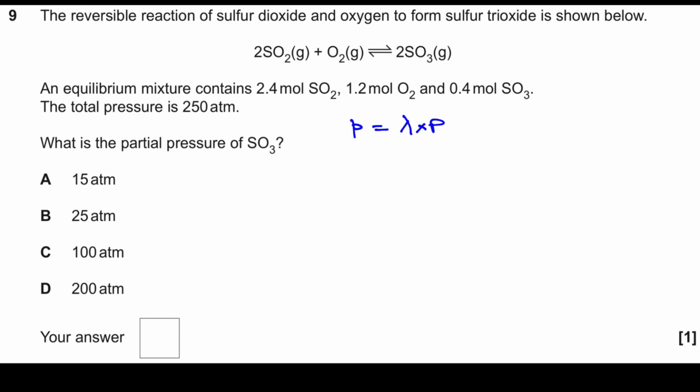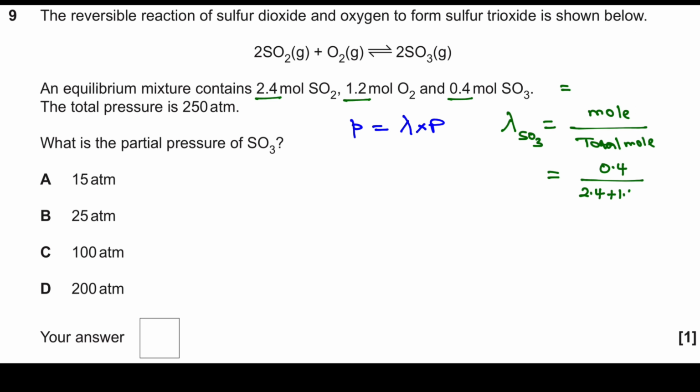First of all, we want to find the mole fraction of sulfur trioxide. The mole fraction of SO3 will be the mole of sulfur trioxide over the total mole, which is 0.4 over 2.4 plus 1.2 plus 0.4, and that will be 0.4 over 4, which equals 0.1.